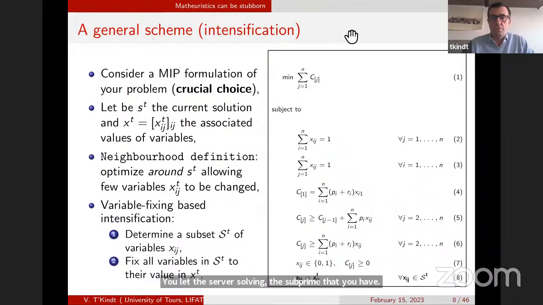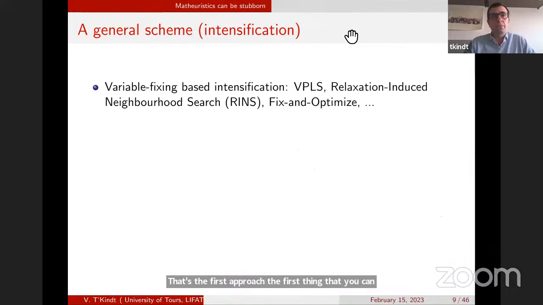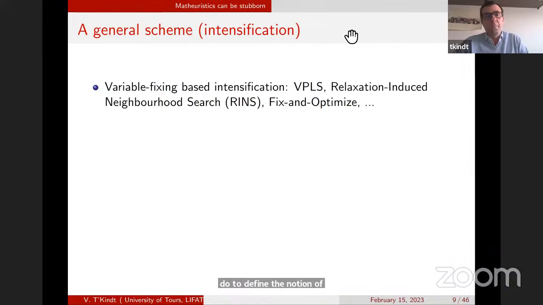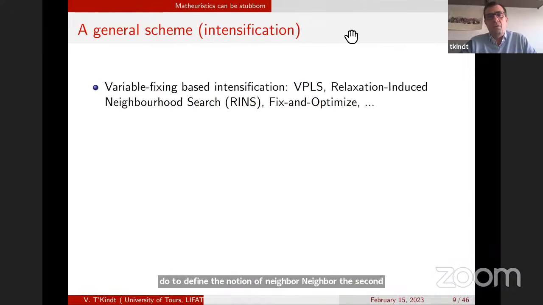That's the first approach, the first thing that you can do to define the notion of neighborhood. In this category of methods, you have various methods that you can find in the literature, like VPLS or INS, fix and optimize, and so on.